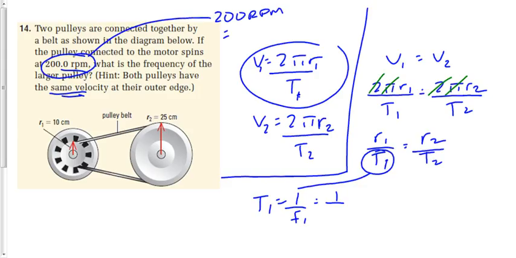What's that equal in hertz? 200 divided by 60 is 3.333. So 1 over 3.333 gives me a period of, what is that, 1 over 3.3333?